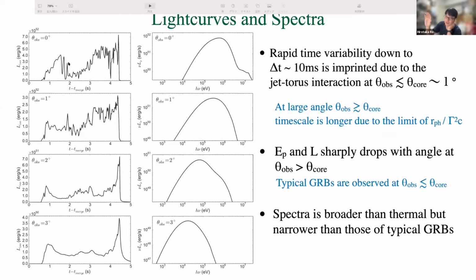We make it finer and finer, and find at which point the result converges, and this is the result we find at the final stage. At this point we think this is really the converged result.